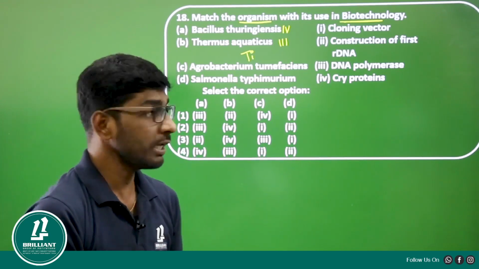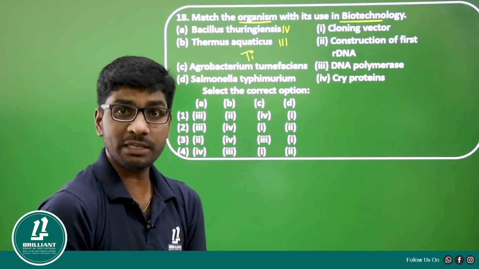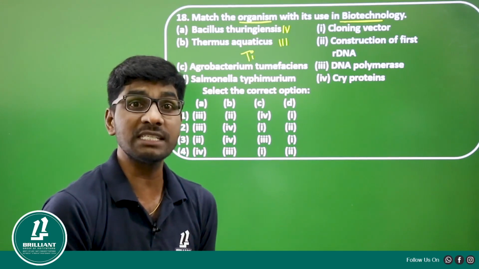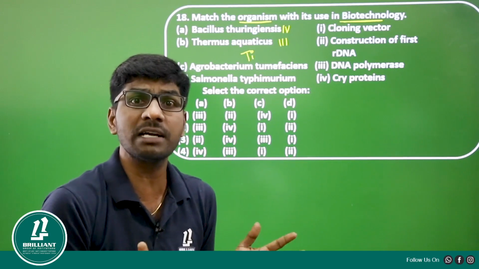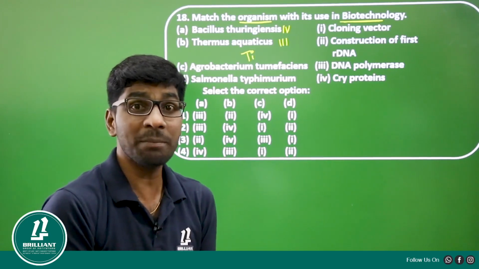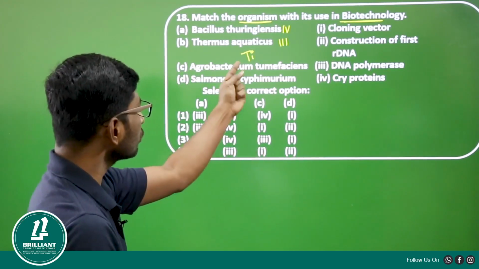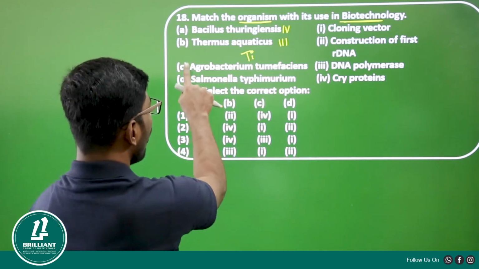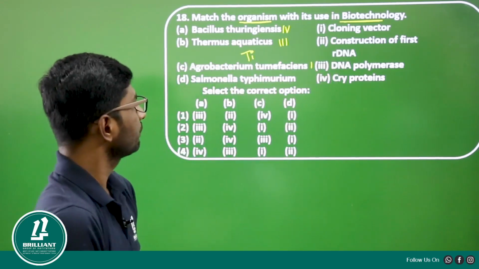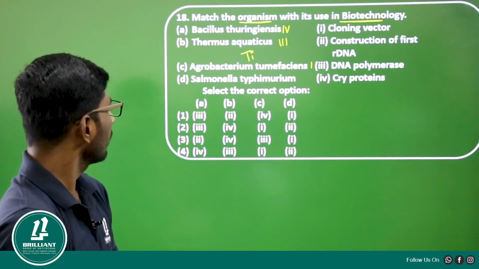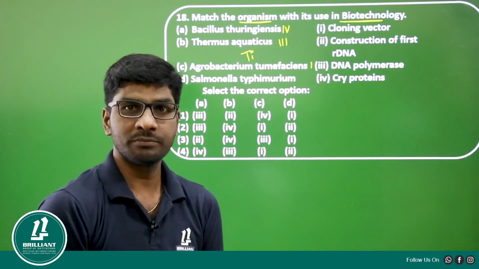In biotechnology, Agrobacterium tumefaciens is very essential to insert our desirable gene in plant cells. So we are using this bacteria as a vector, right? Ti plasmid, tumor inducing plasmid. So option C, I'm going with cloning vector. Here it is 1.